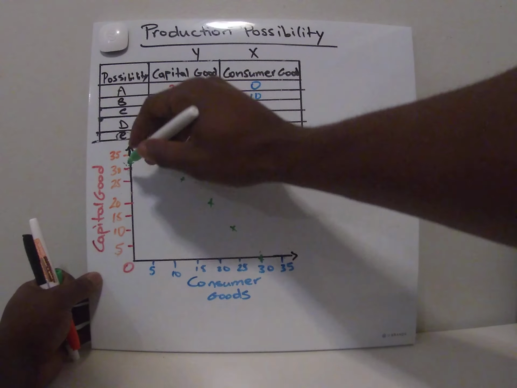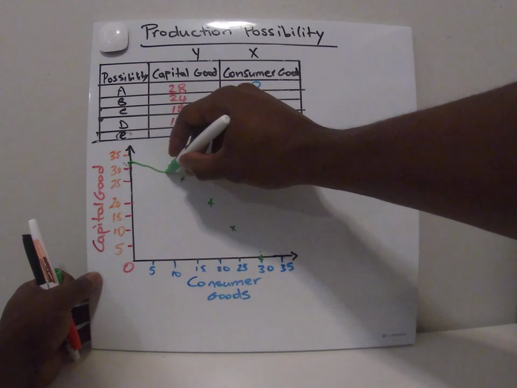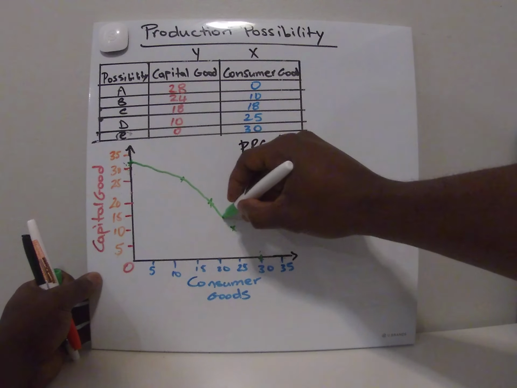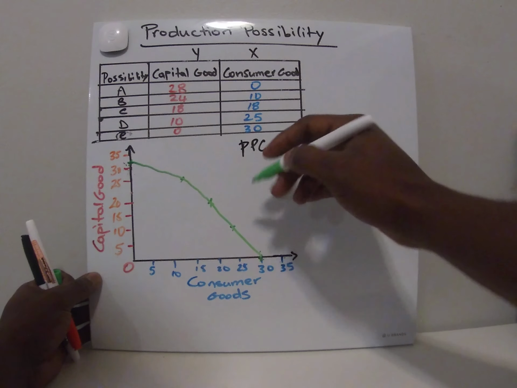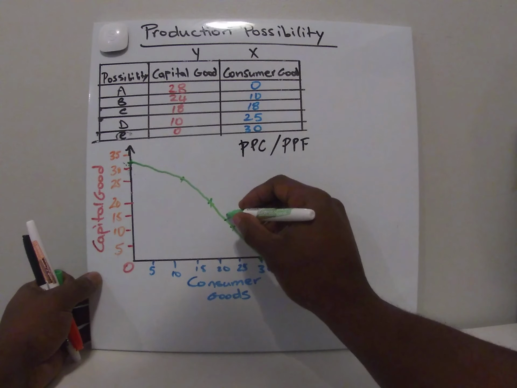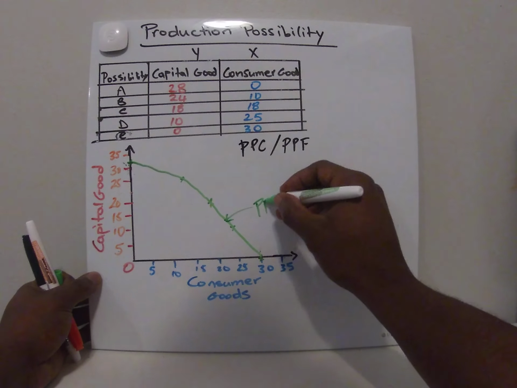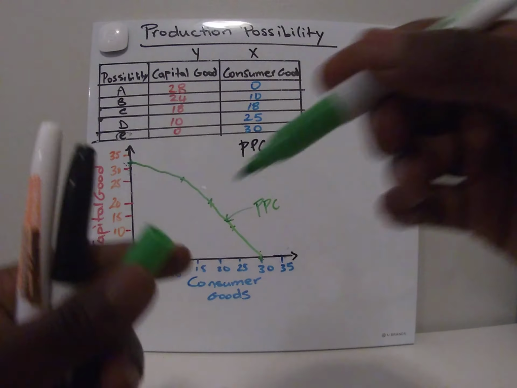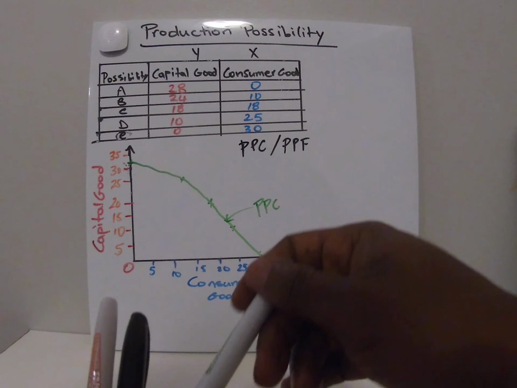So we're going to connect the dots and get our production possibility curve. So that's our PPC right there. And then we're going to indicate where our points are.